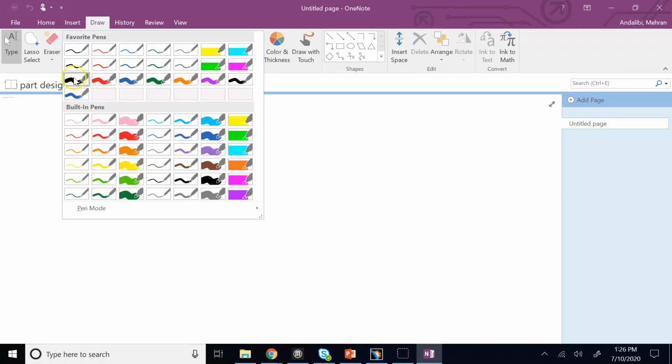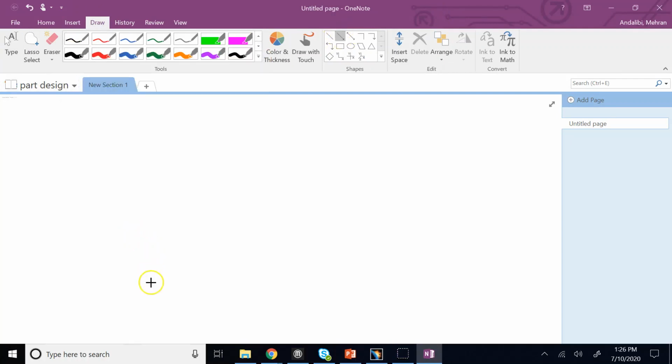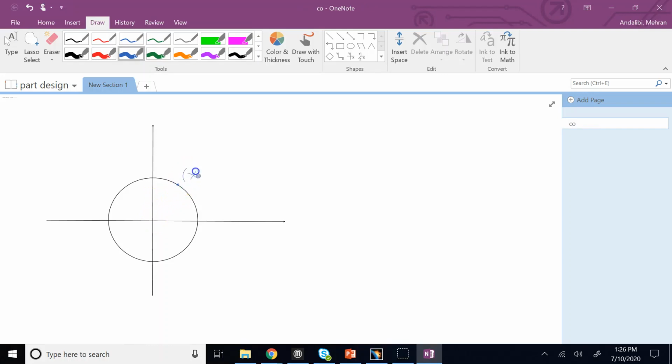Let's say if it's centered at origin and the radius of the circle is r, then we know that any point on that circle, if you call this point here on the circle x and y, and the radius of the circle is r, the equation of the circle is what? X squared plus y squared equal r squared, right?